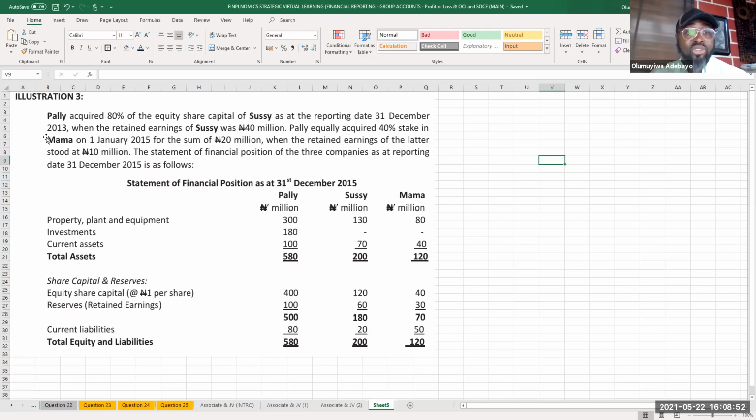Susie is the subsidiary to Pali, and Pali is an investor in Mama, where Mama is an associate to Pali. How do we proceed in consolidating? Consolidating is that of Pali and Susie, and equity accounting for the investment of the group in Mama. That's the first assignment.